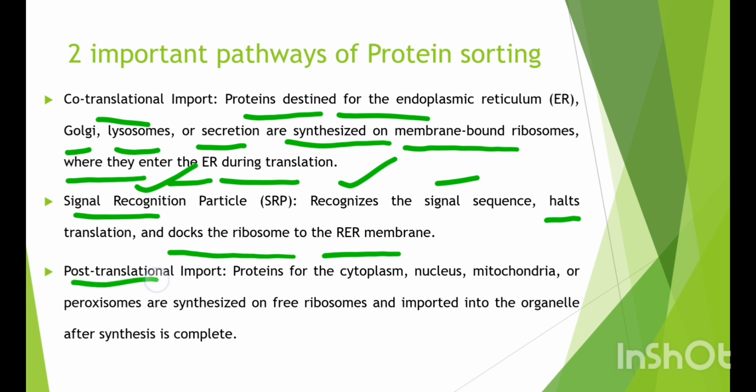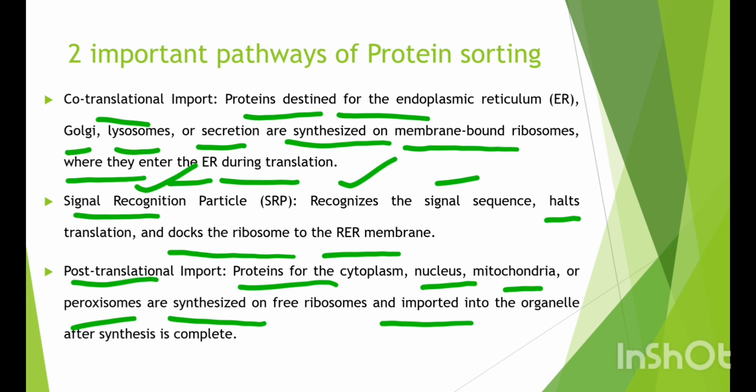The second important method is post-translational import. Proteins for the cytoplasm, nucleus, mitochondria or peroxisome are synthesized on free ribosomes and imported directly to the organelle after synthesis is completed. So this is post-translational.